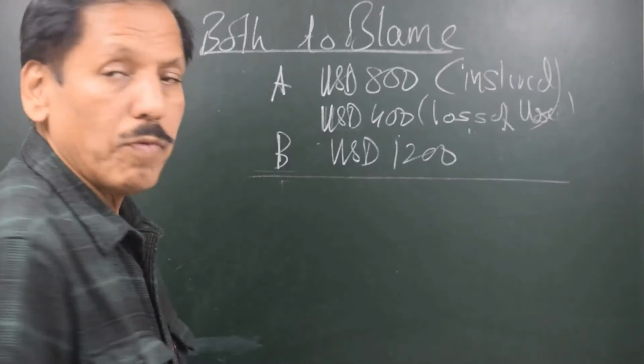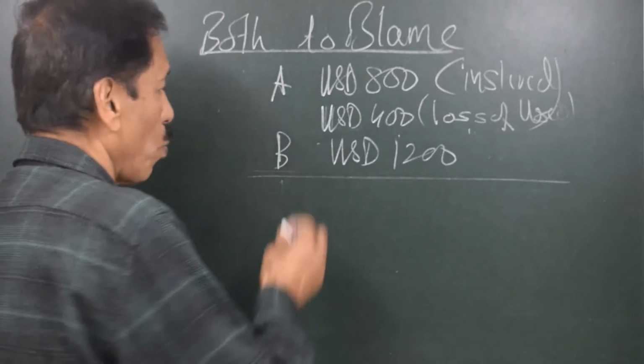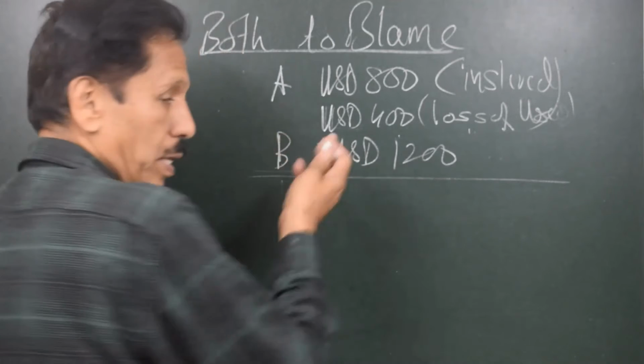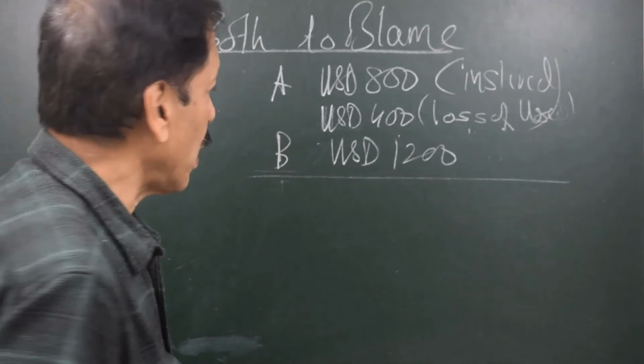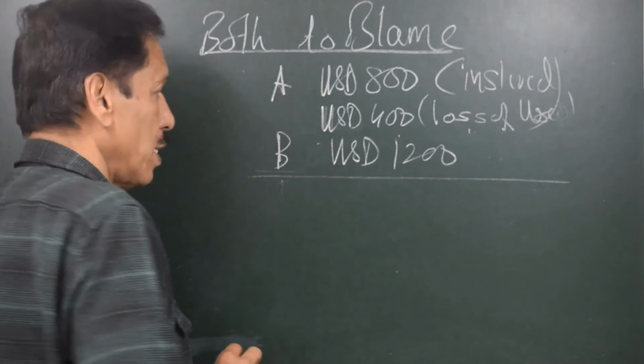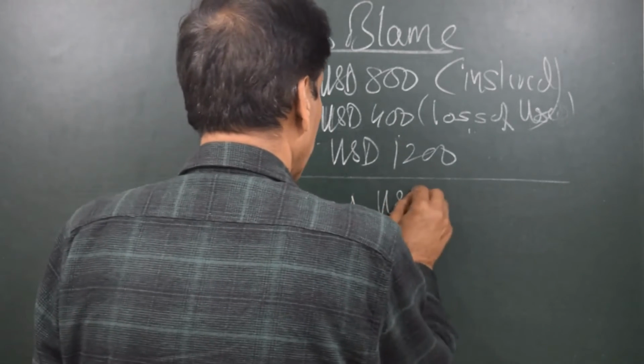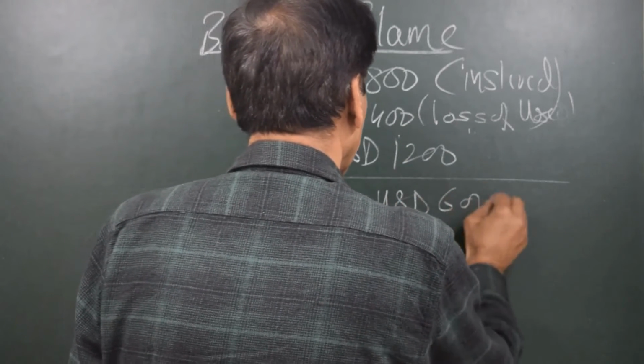When we involve the cross liability principle, what happens is, we are assuming that they are 50% at fault. B pays A $600, right? B to A $600.